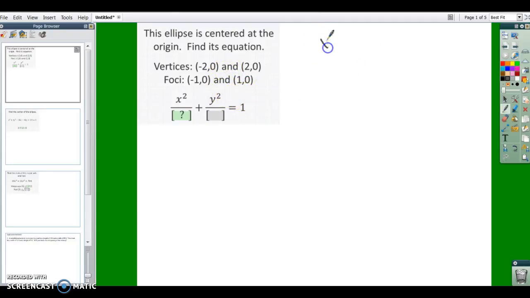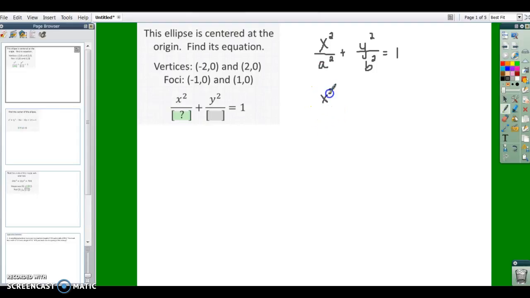Remember that the general form, x squared over a squared plus y squared over b squared equals 1, would be centered at the origin with a horizontal major axis.